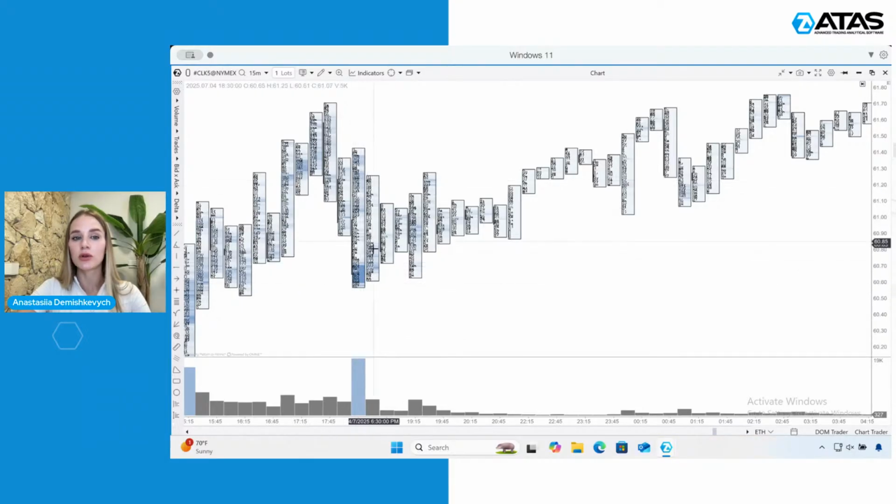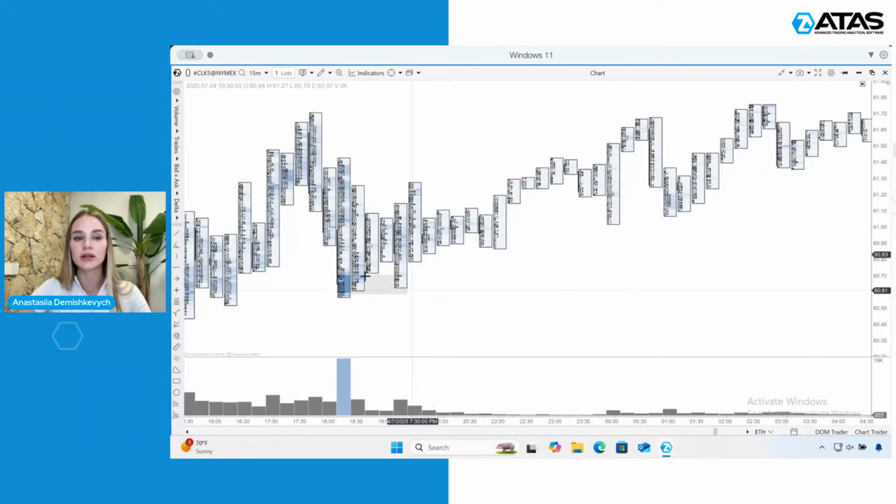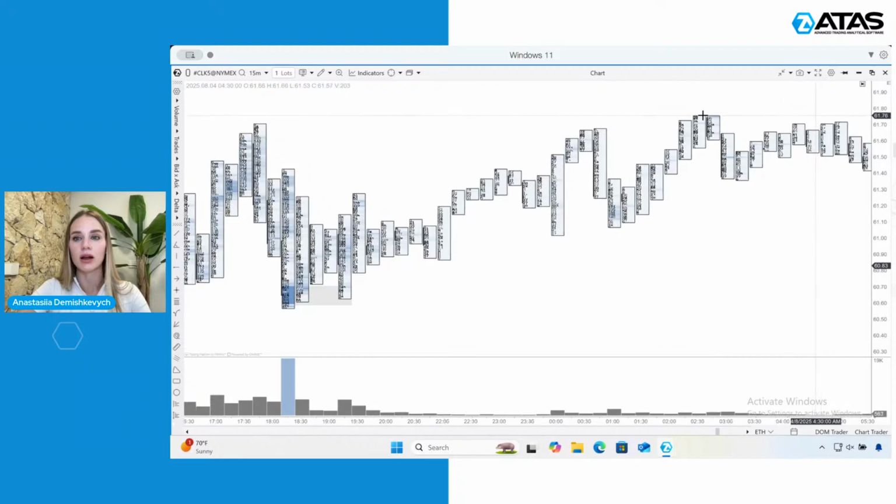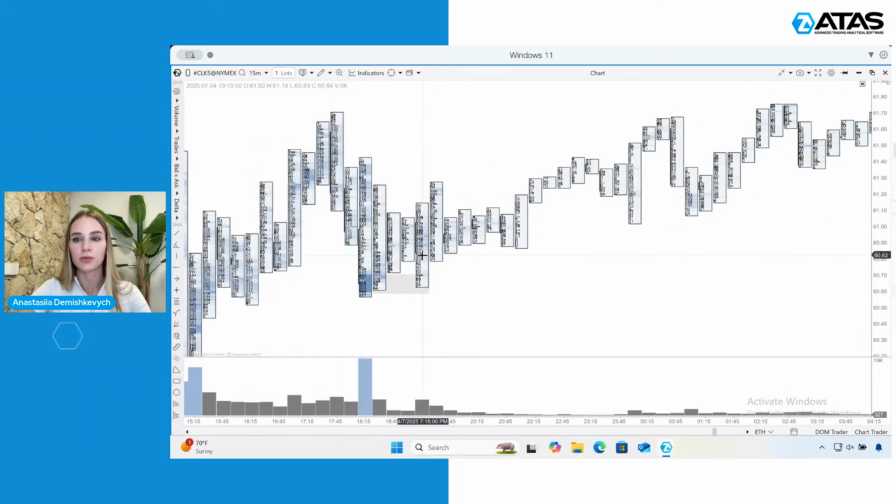Then price jumps from there. This zone can be used as an entry point. And right here, we see the price returns to it and goes up for hundreds of ticks from this level. That was more than 100 ticks to the upside.